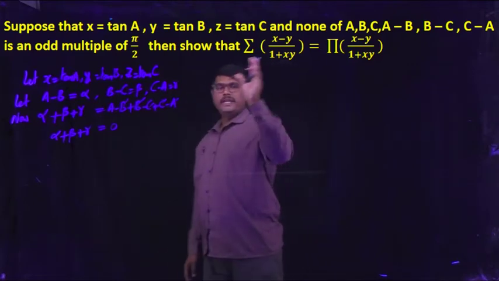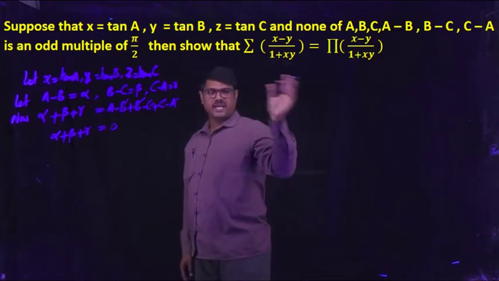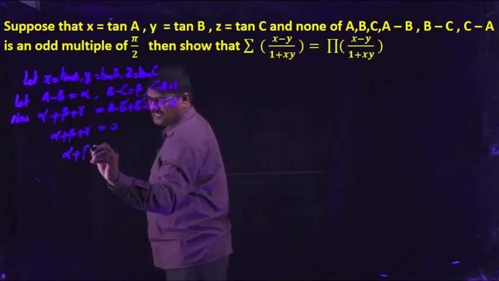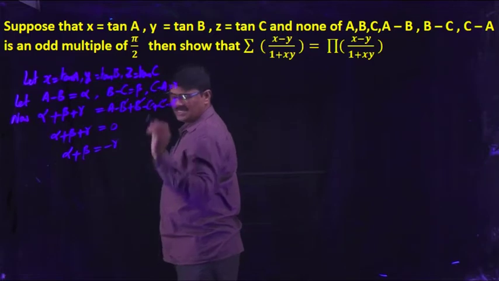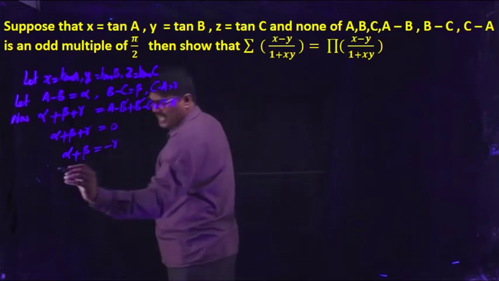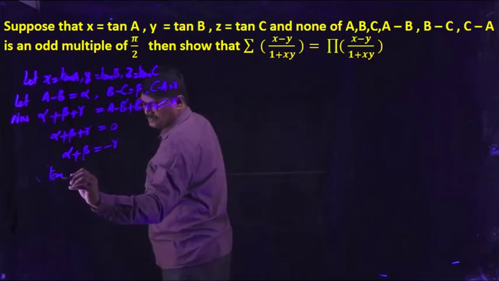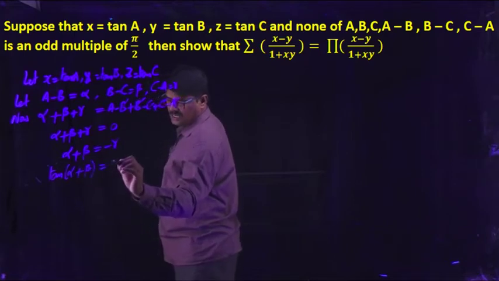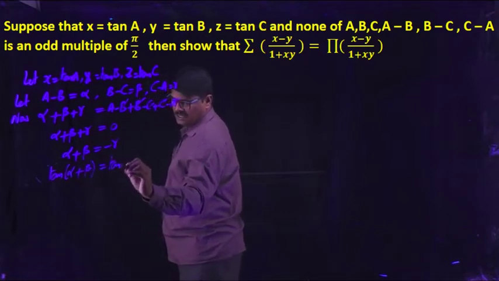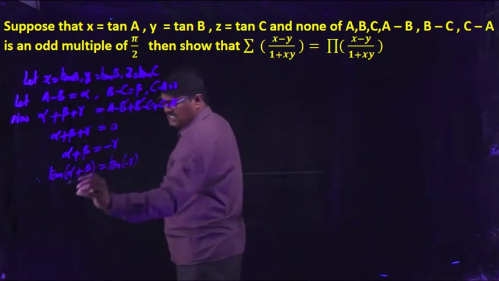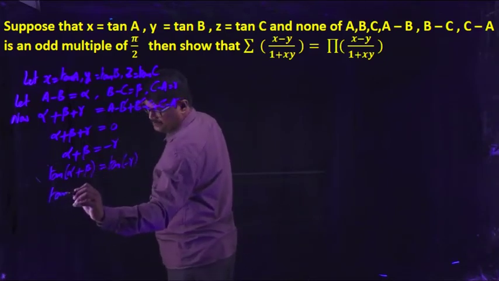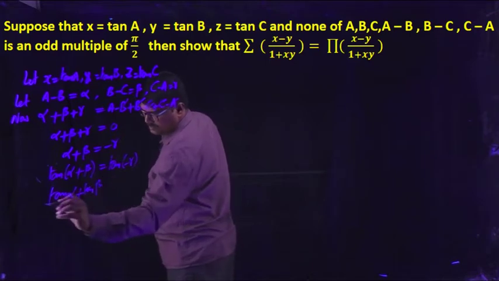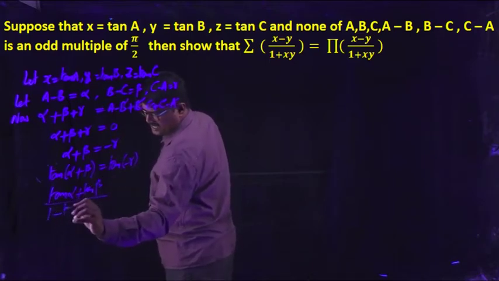Now, we need to get one condition in terms of tan. By taking gamma to the RHS, it becomes minus gamma. Now, consider tan on both sides: tan of (alpha plus beta) is equal to tan of (minus gamma). Now use the formula of tan (alpha plus beta), which is (tan alpha plus tan beta) by (1 minus tan alpha tan beta).